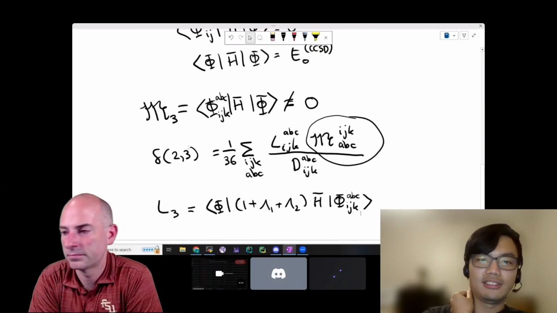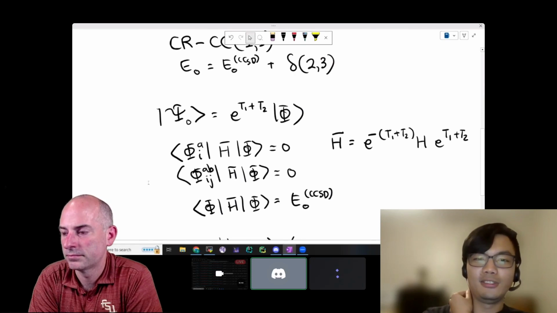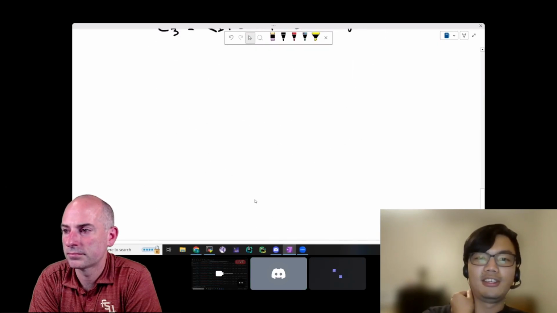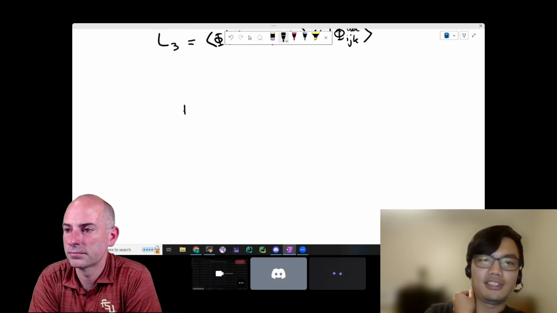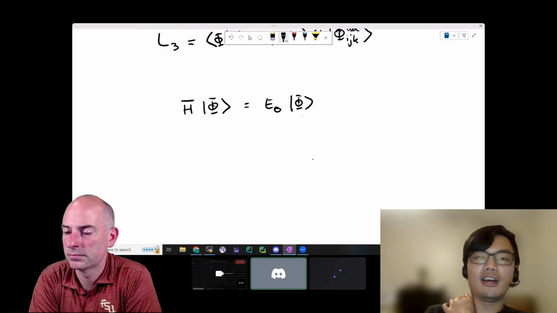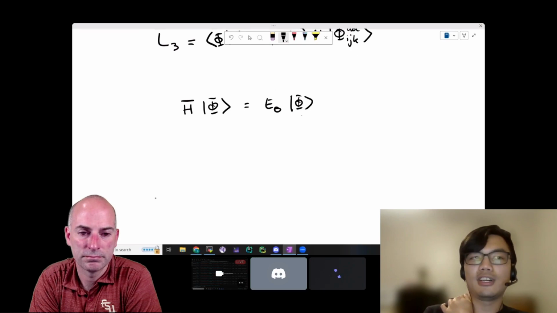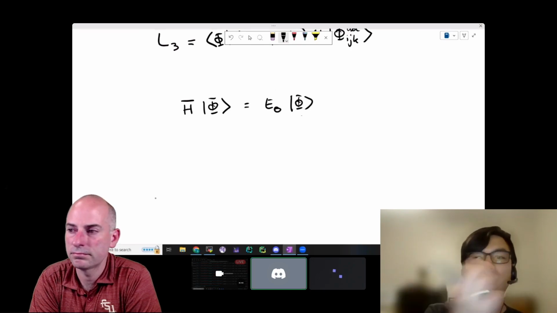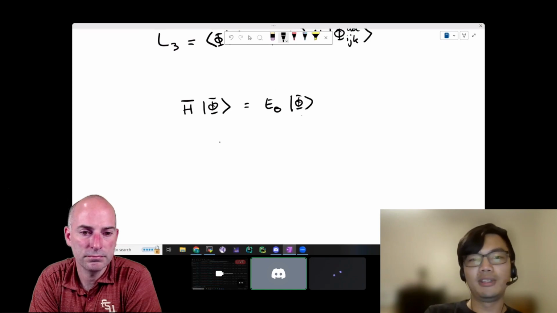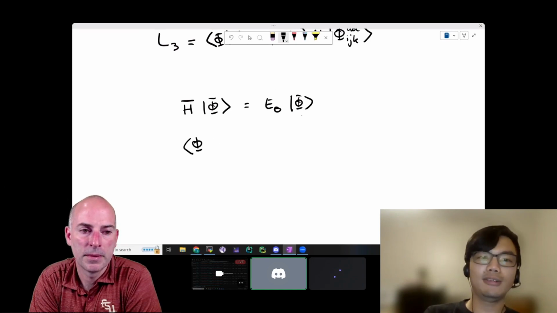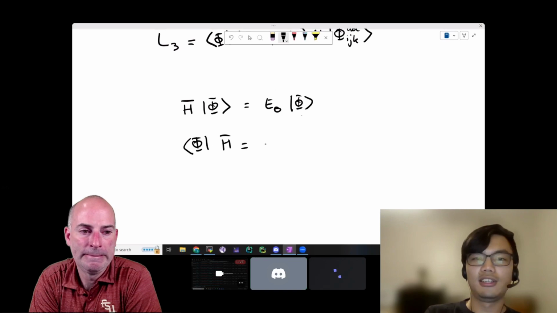If you remember Eugene's notes, before we do this, you actually have what we call the connected cluster form of the Schrodinger equation, which is E0 times the reference, right? But now if we want to do coupled cluster from the bra side, or the left side, it's not going to be as simple as saying, okay, now H bar is this, E0.